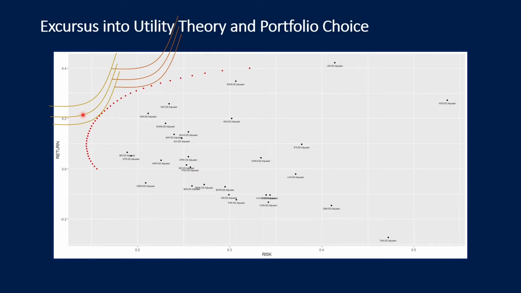But this curve does not touch any stock nor any point on the efficient frontier. But this curve does. So this is the last curve. Of course, there are also curves below, but this is the outmost curve that just touches the efficient frontier.